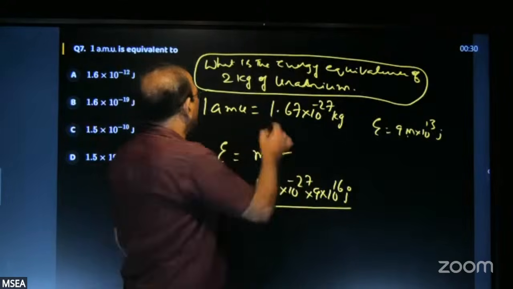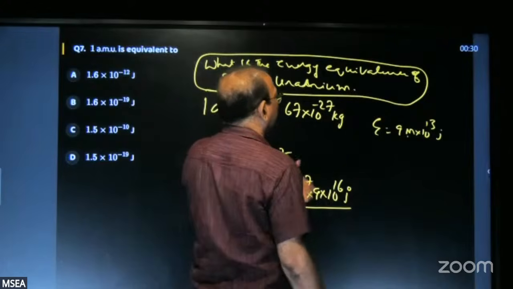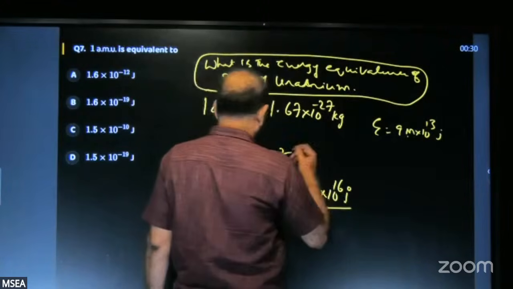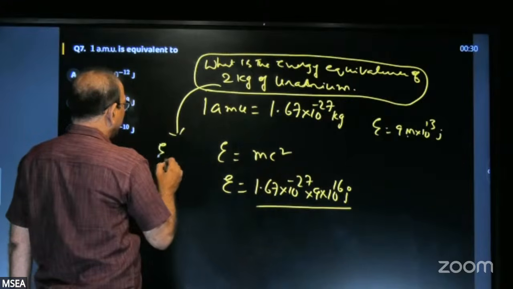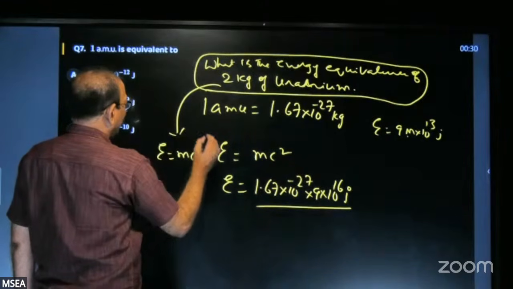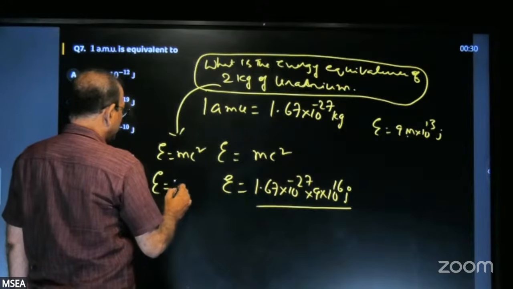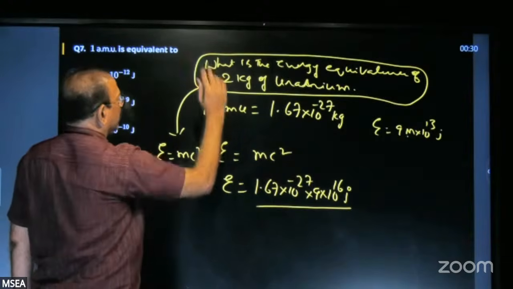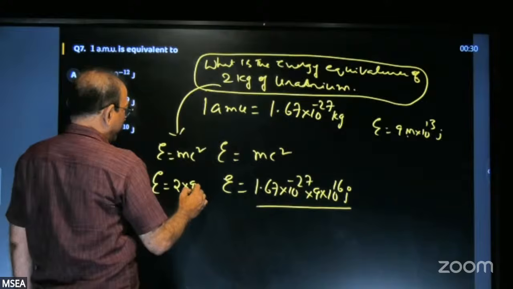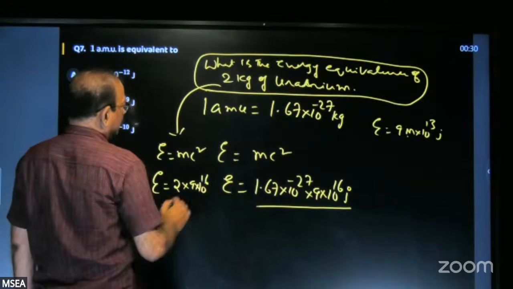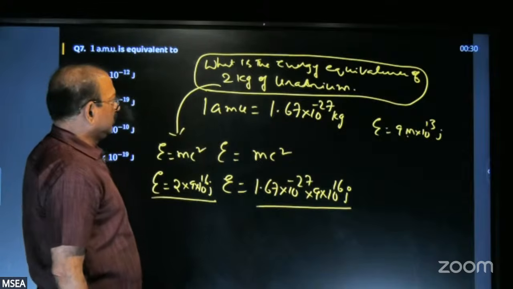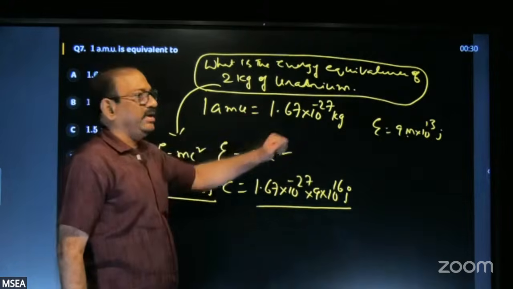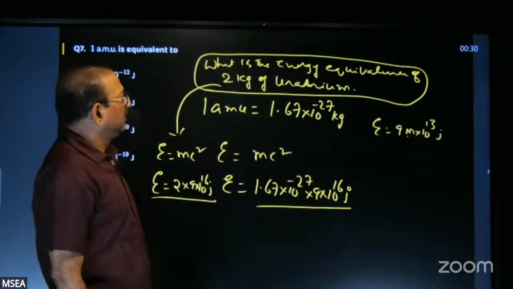Any mass, 2 kg mass destroyed, what is the energy release? They are asking. So in this question you have to apply Einstein's mc square. That is 2 kg mass totally destroyed into 9 into 10 power 16, c square value. So many joule. Don't confuse just by observing uranium, that it is fission.